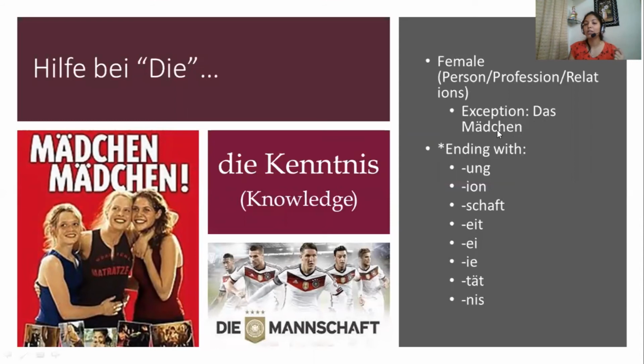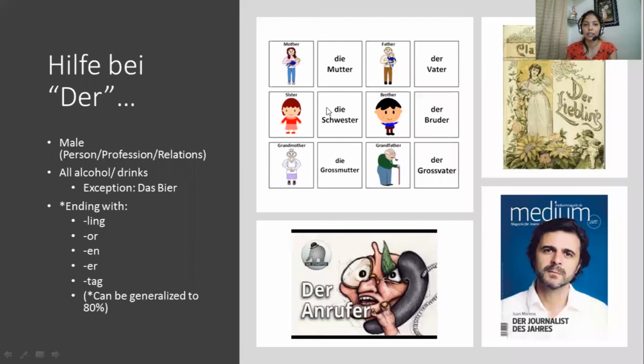The exception is again just because of the ending. We will see this when we check out Hilfe bei das. We will come back to the same point. So again, die Mutter, as we saw in the previous slide, die Mutter, die Schwester, die Großmutter: mother, sister, and grandmother. All of them are relations which are feminine. Hence, the article is die.